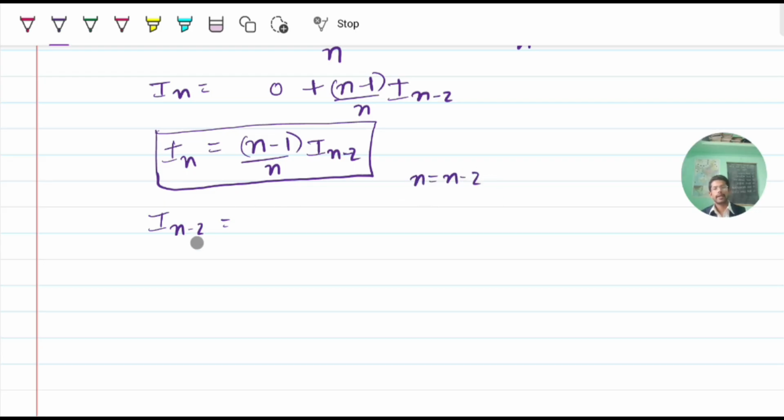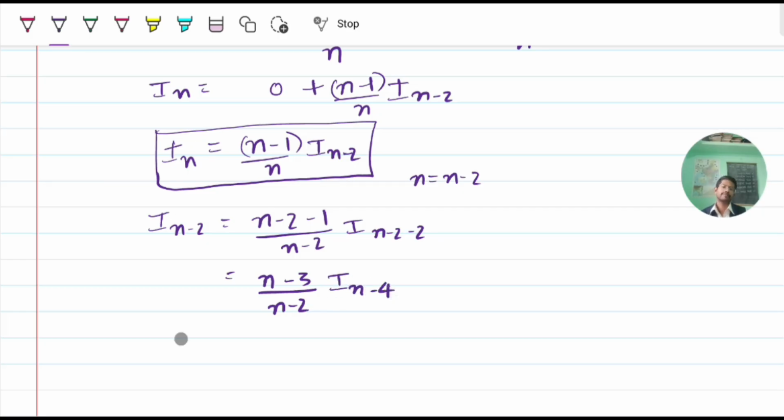When we take n equals n minus 2, it will become I_n minus 2 equals n minus 2 minus 1 divided by n minus 2 into I_n minus 2 minus 2, which equals n minus 3 divided by n minus 2 into I_n minus 4. This is what I_n minus 2 is.